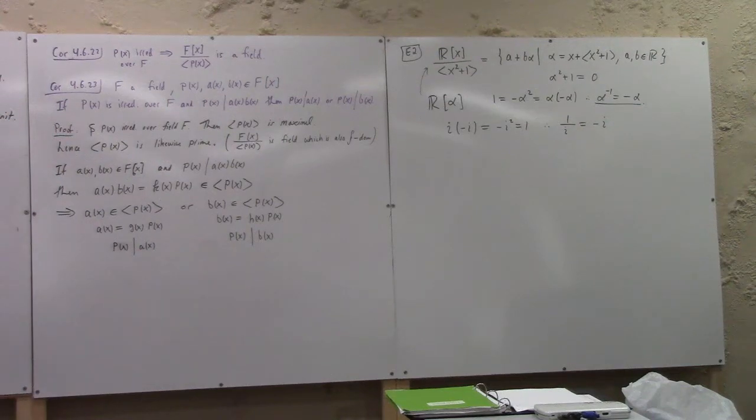In other words, an irreducible is an element which does not permit a non-trivial factorization. You cannot factor it into a product of elements where both of the factors are non-units.